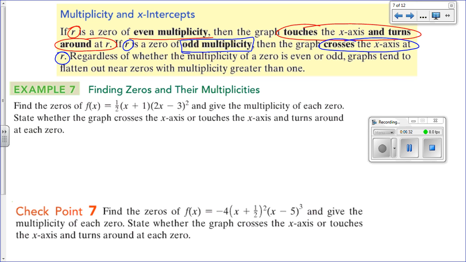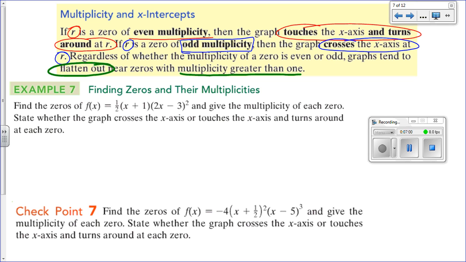Now there's one more thing here: the greater the power or the exponent of your factor, if the multiplicity is greater than 1, the graph tends to flatten out near those zeros.